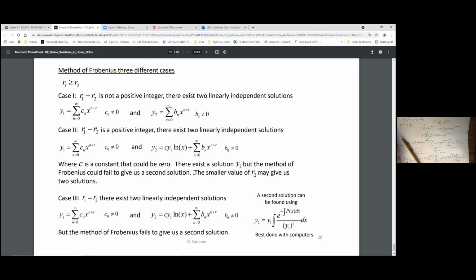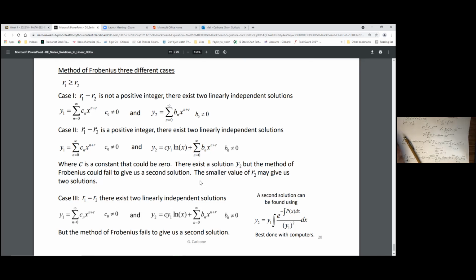So I just want you to be aware, but the problems I give you will have two solutions. But I want you to be aware that if R1 minus R2 is a positive integer, the method of Frobenius could fail to give us a second solution. But there is a second solution. It's just that the method of Frobenius fails to give us a second solution.